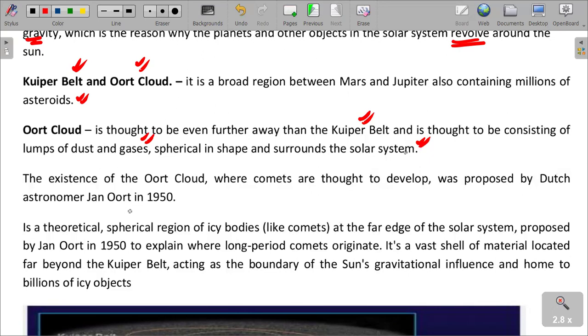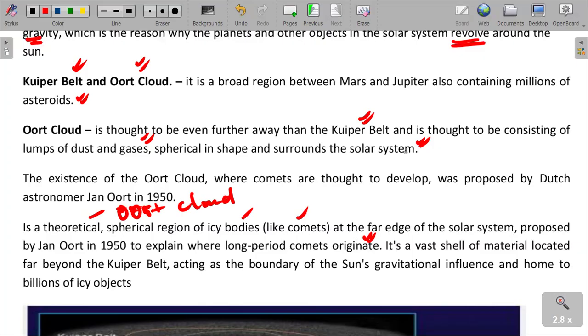The Oort cloud is a theoretical spherical region of ice bodies like comets at the far edge of the solar system, proposed by Oort in 1950 to explain where long period comets originate.